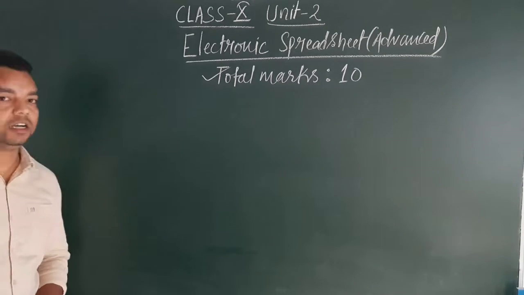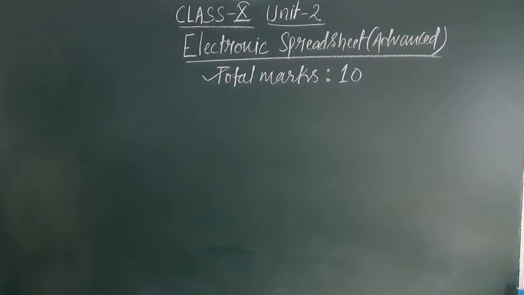In our yesterday's discussion, we discussed a few of the terminologies related to the electronic spreadsheet, such as cell, active cell, range, the types of ranges, row range, column range, and so on.